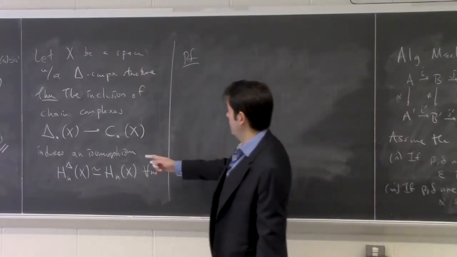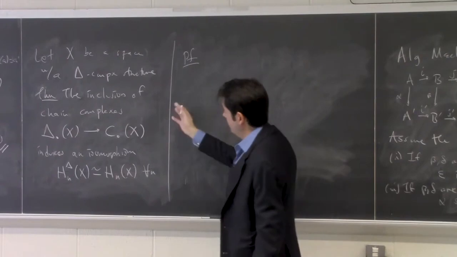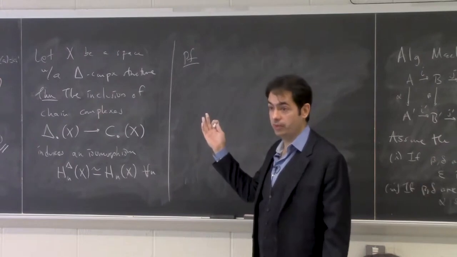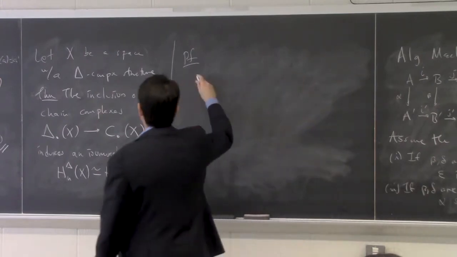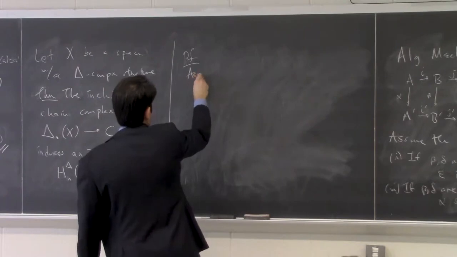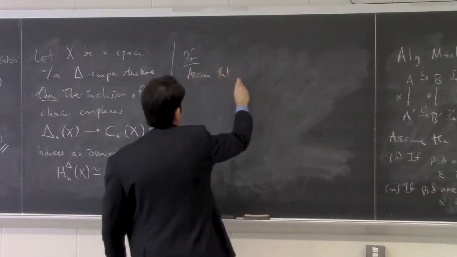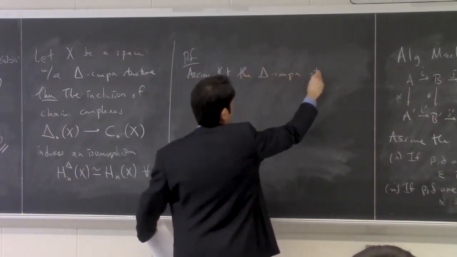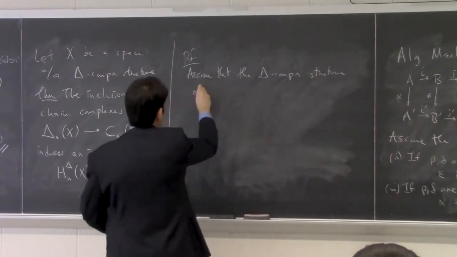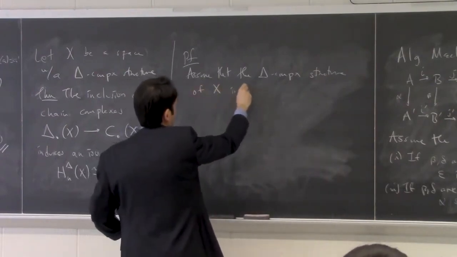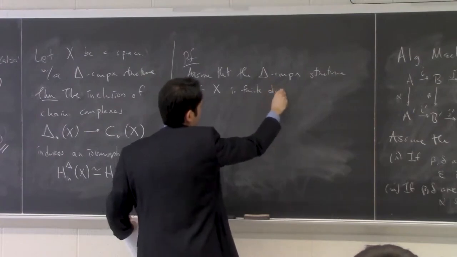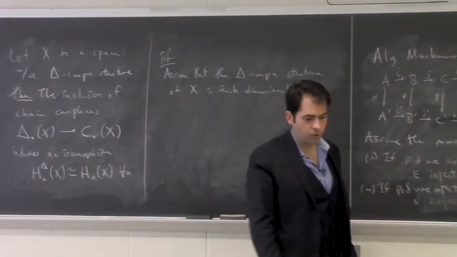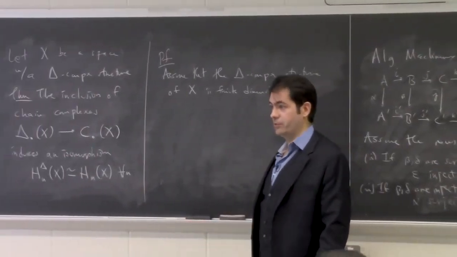Because you could have a delta complex structure where you just keep adding cells of all dimensions. So first assume that the delta complex structure of X is finite dimensional. Right, so you only involve simplices up to some dimension.